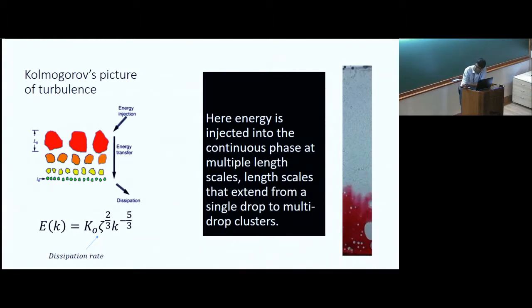Now, this being a multiple energy scale system looks different from that of a Kolmogorov scale, because in a Kolmogorov picture you just have energy injection at one particular scale.